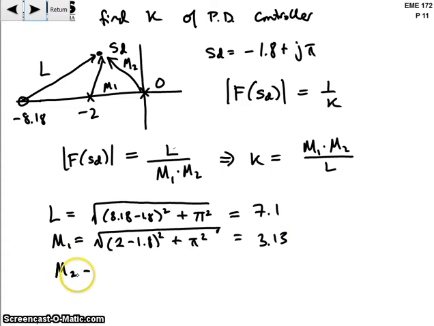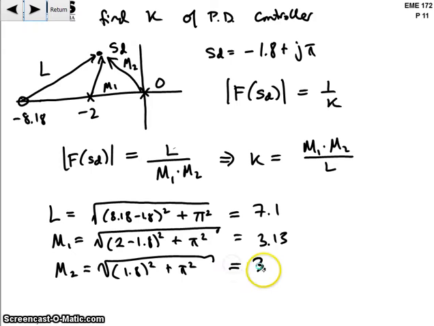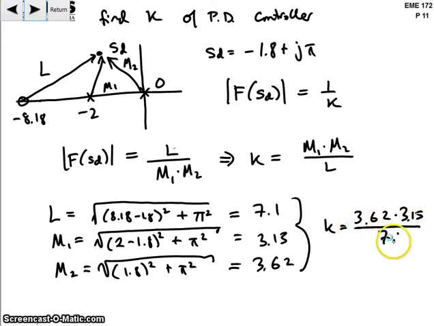And the third vector has length square root of 1.8 squared plus pi squared, equals 3.62. And so I put all those things together, and I find that k is equal to 3.62 times 3.15 divided by 7.1, which is equal to 1.6.